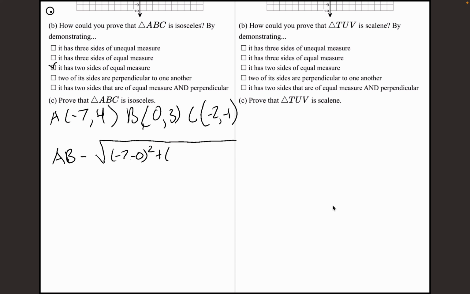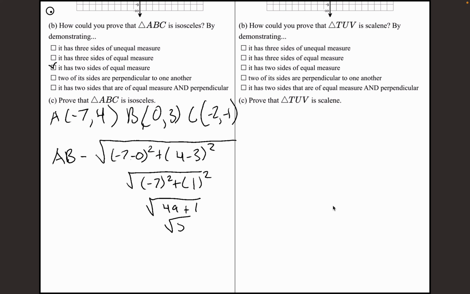Squared plus 4 minus 3 squared. What's negative 7 minus 0? And then plus 4 minus 3, which is squared. What's a negative number squared? Positive. And then what's 1 squared? 1.